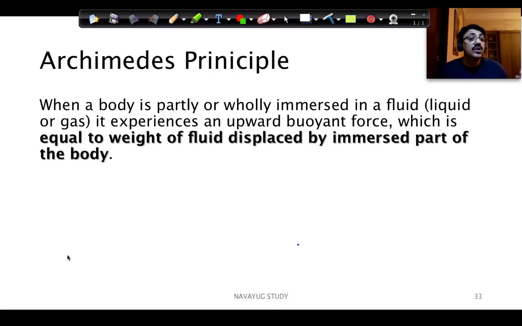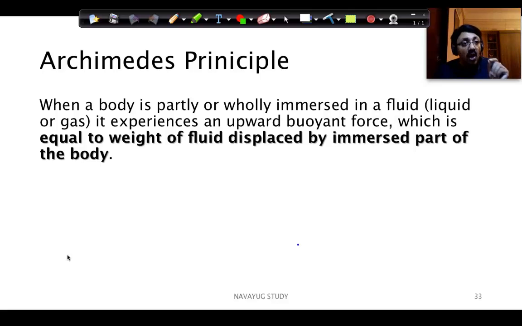So the concept of buoyant force and buoyancy is not restricted to liquid. It is also there in gases. Both gases and liquids exhibit this concept of buoyancy, right? That is why it says weight of the fluid displaced, not weight of the liquid. As I told you, fluid includes both liquids and gases, right?